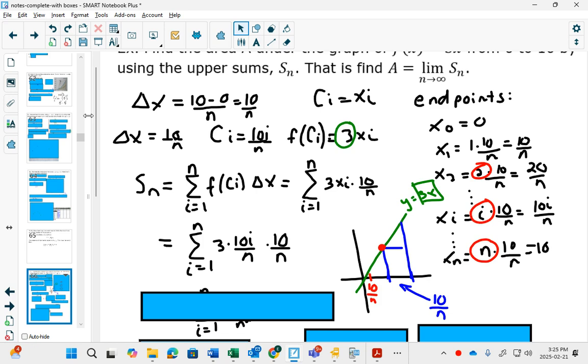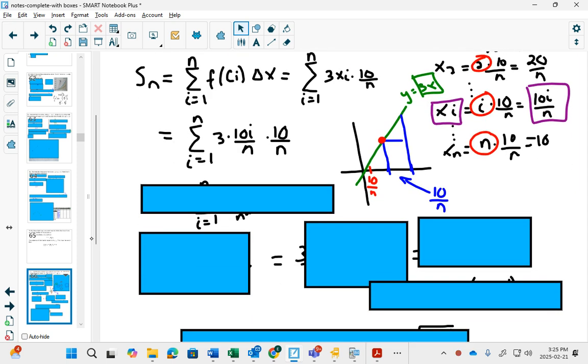So we get this equation where each xi is really 10i over n. So I can replace the xi with 10i over n. We're going from i equals 1 to n. Simplifying the math that we have, because we've got 10 times 10 times 3, that's going to be 300.